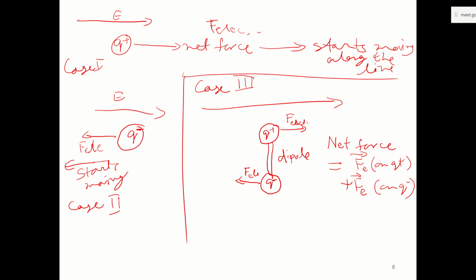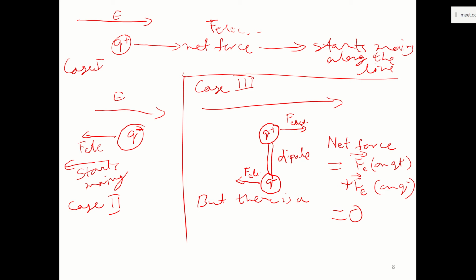One vector cancels out the other, so the net force is 0. There is no net movement along a line, but the system starts rotating in this direction. There is a net torque, what we call it.